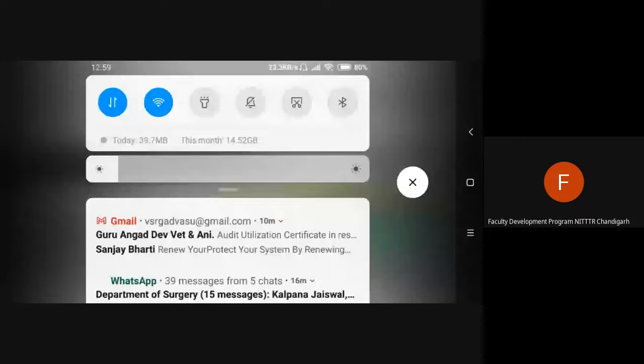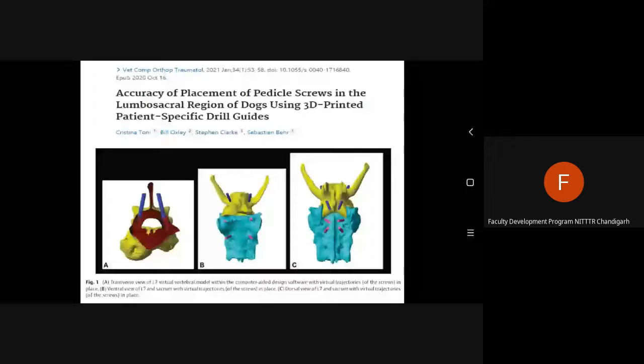Thank you. Okay, so now there is another paper where spinal surgery is being planned on 3D models. This is an example in a dog, and they are using certain guides. The problem in spinal surgery is that when we place the screw, it may enter the spinal cord.